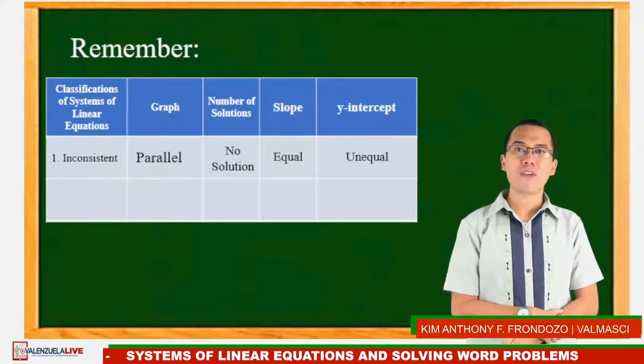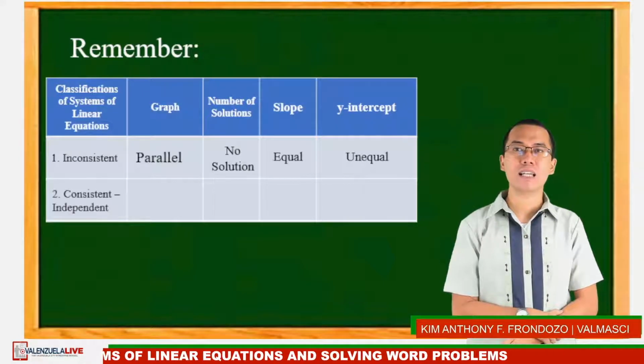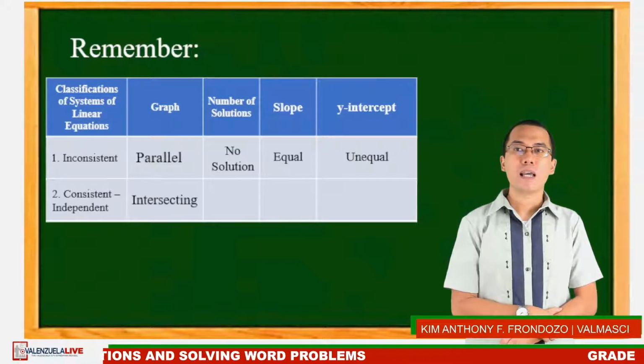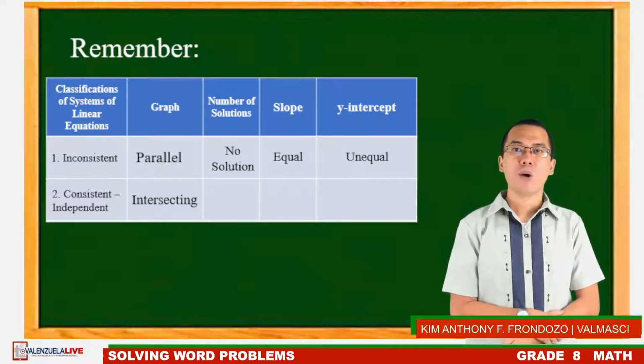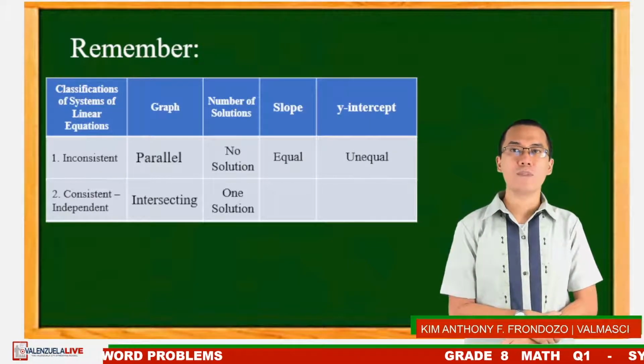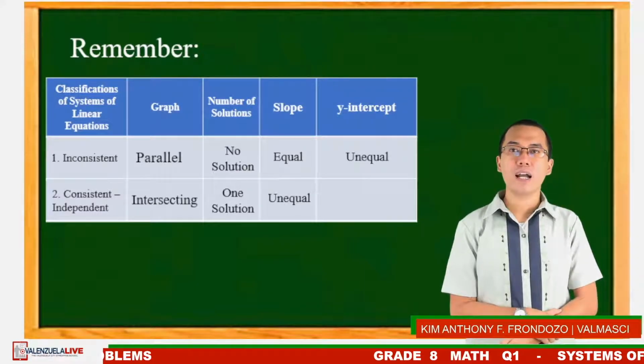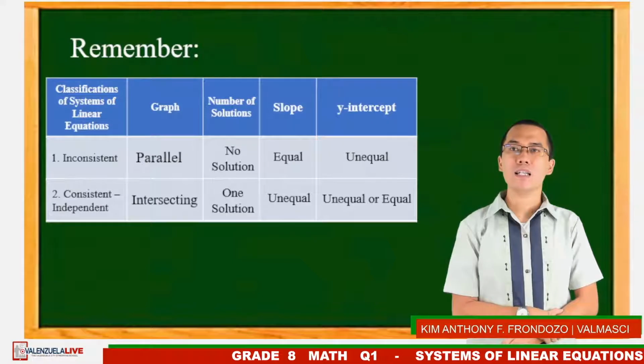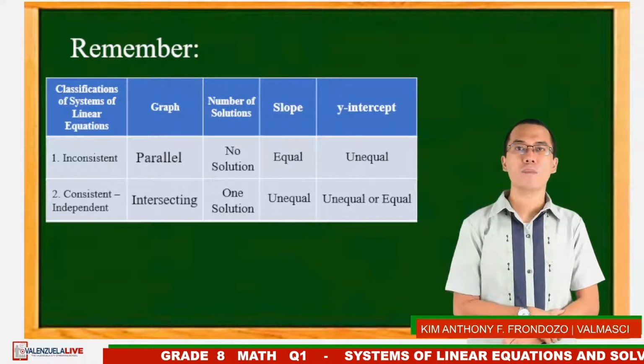For the second classification, the consistent independent, the graph can be intersecting, with only one solution, the slopes are unequal, and the y-intercepts could be unequal or equal.